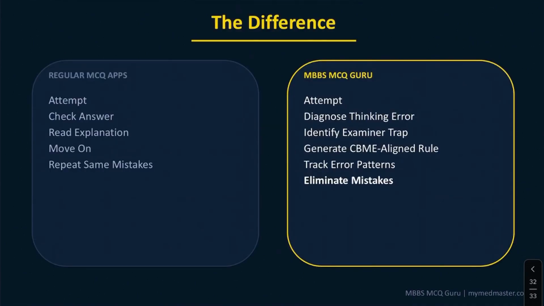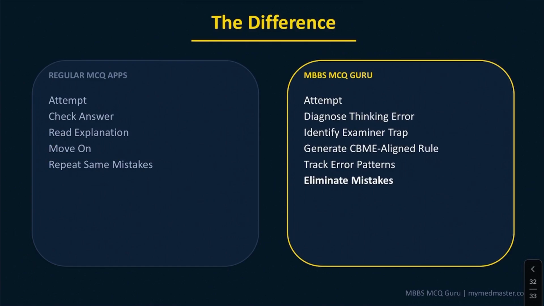And then the crucial question you may ask: we already have a lot of platforms for MCQ studying from coaching classes. Why should I use this platform? Here is the answer, the difference. In a regular MCQ app, you attempt a question, you check the answer, you read the explanation given, you move on, and you may repeat the same mistakes.